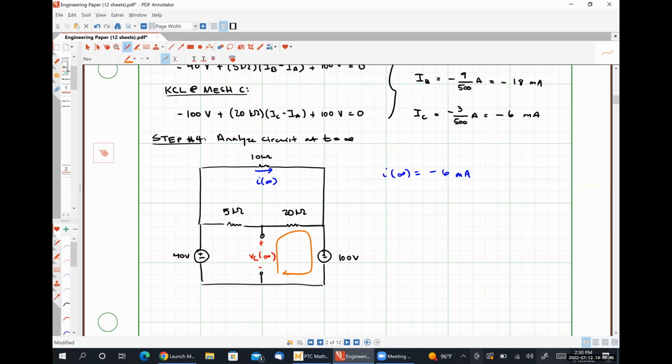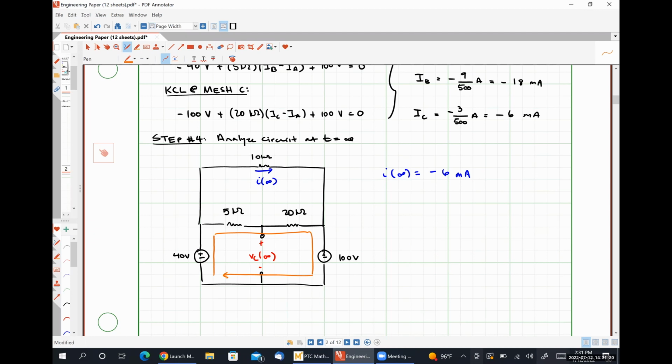That being said, if we amend this very slightly, if we write a KVL equation around this loop, we could figure out how much current flows through the 5 kilo ohm resistor and the 20 kilo ohm resistor. Because we know that there's no current that can branch off. So effectively, all of the current that flows through the 5 kilo ohm resistor also has to flow through the 20 kilo ohm resistor.